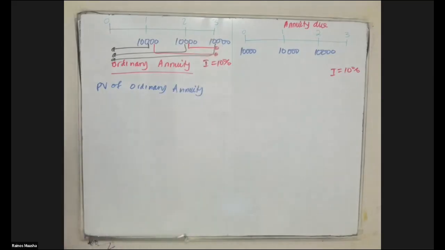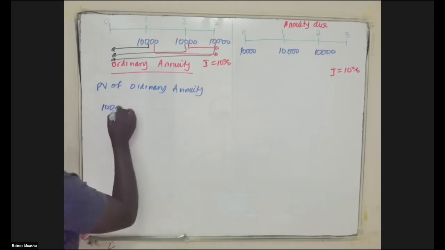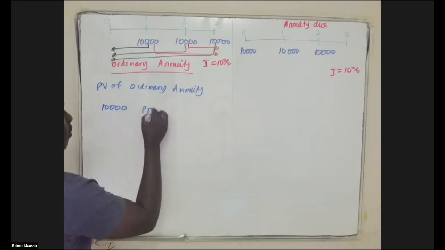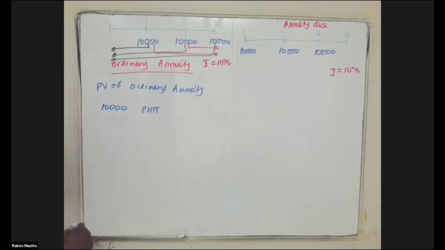So when you're entering an annuity on your calculator, that's the PMT button. The PMT button acknowledges annuities. So we know that 10,000 is your PMT, because that's the annuity.